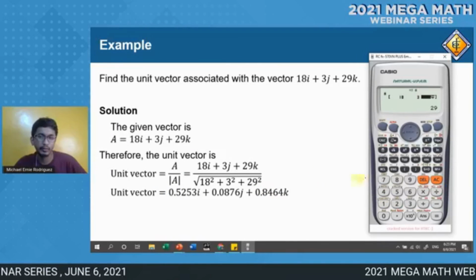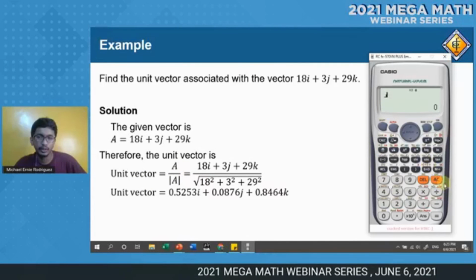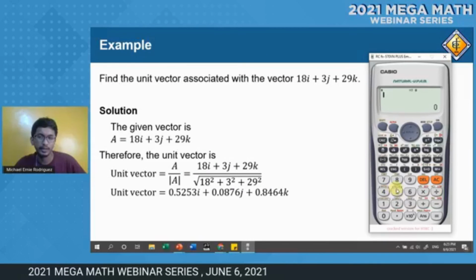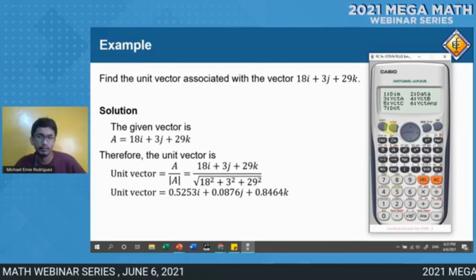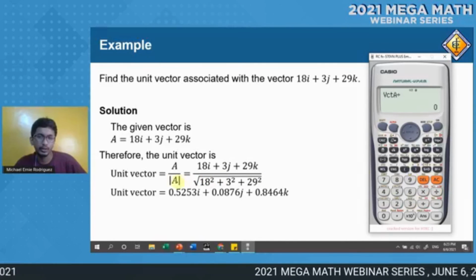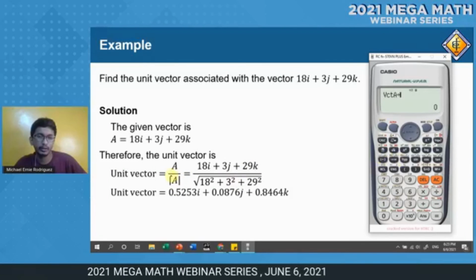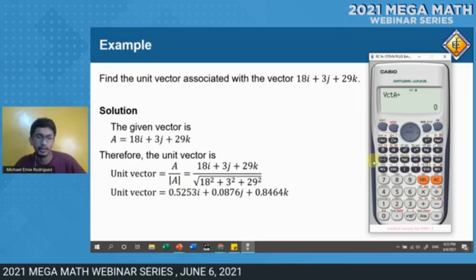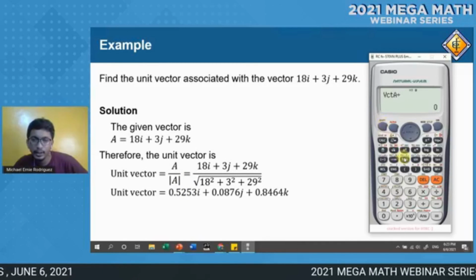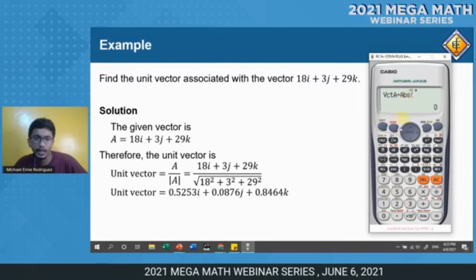And then to solve for the unit vector, we just use the formula. So we have vector A, shift 5 for vector, and then vector A over, the absolute value. We can get the absolute value since that is your magnitude of A. The absolute value is in the shift, hyp, that is abs.